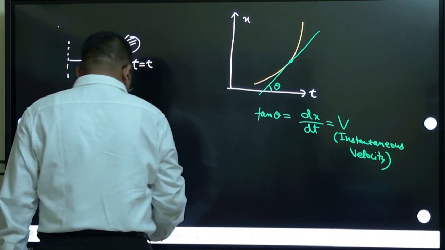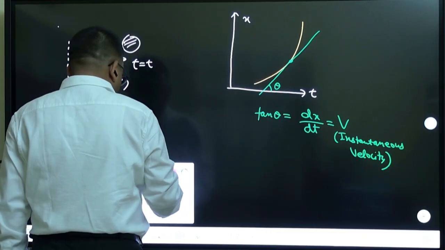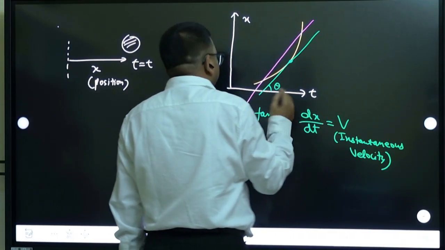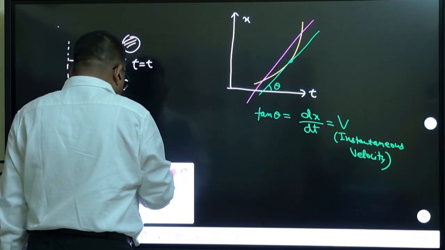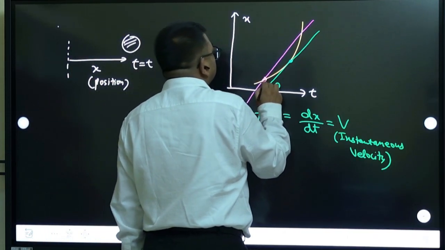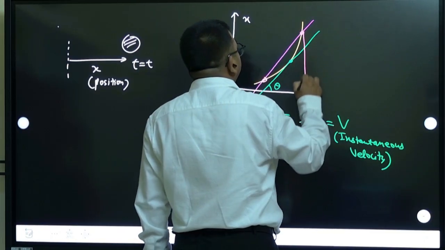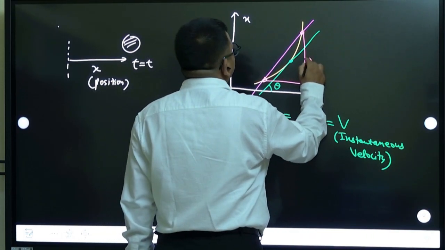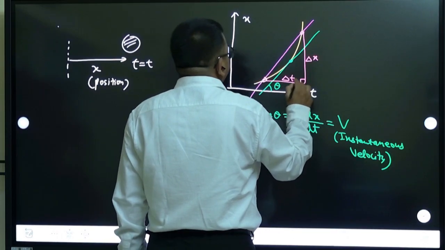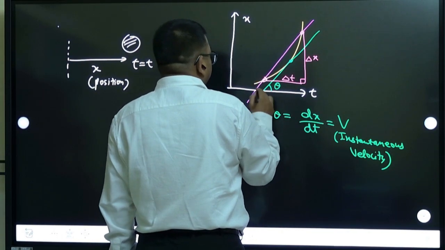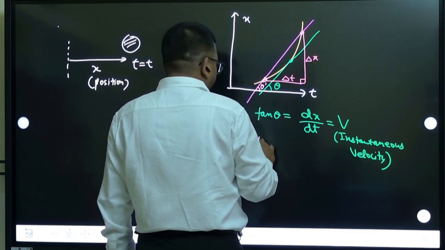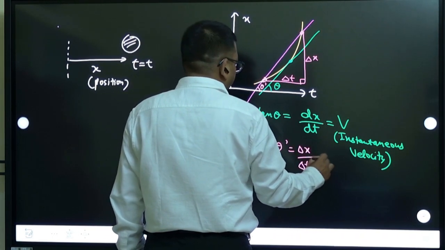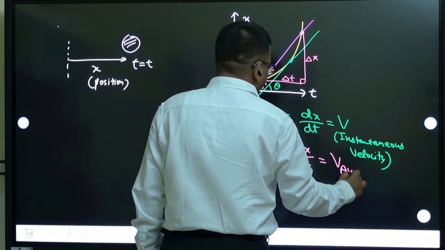But if I take a secant line, remember, secant line means we take a chord like this. A chord which is a secant line will cut the graph at 2 points. So here this is going to be delta x by delta t. This is delta x and this is delta t. Let us call that theta dash. So tan theta dash will give us delta x by delta t. That will give the average velocity.